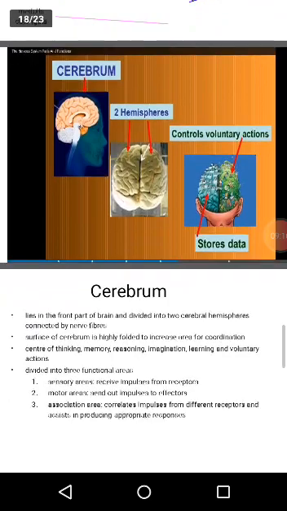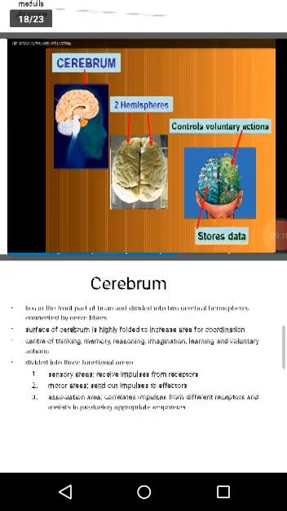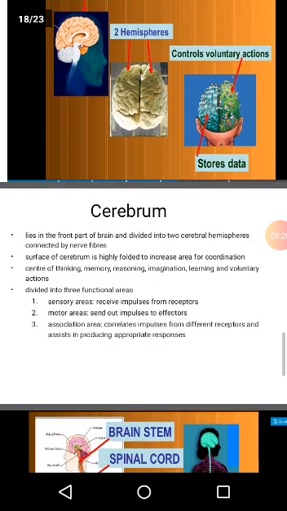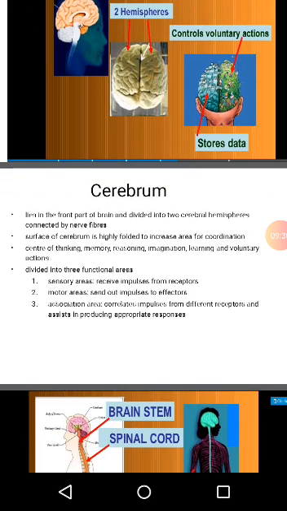Now the cerebrum, as you can see in this diagram, is divided into 2 parts or 2 hemispheres which control different functions. It lies in the front of the brain, and each part is called a hemisphere.